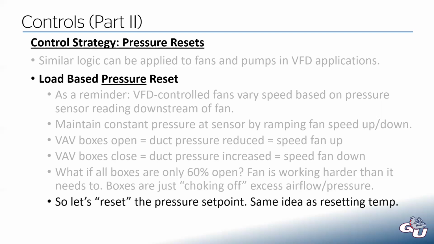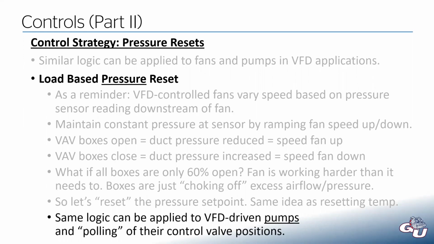So let's reset that pressure set point. Same exact concept as resetting temperature. And this same logic can be applied to a VFD-driven pump, except instead of looking at VAV boxes, we're looking at control valve positions.